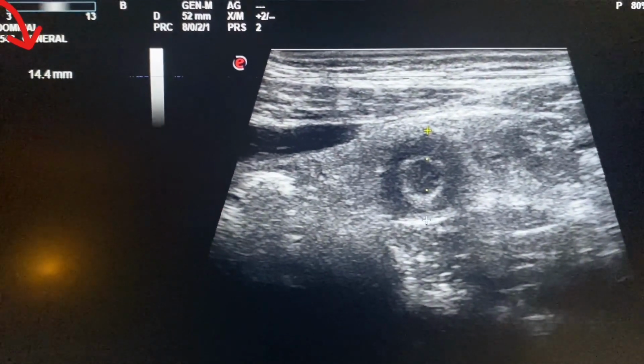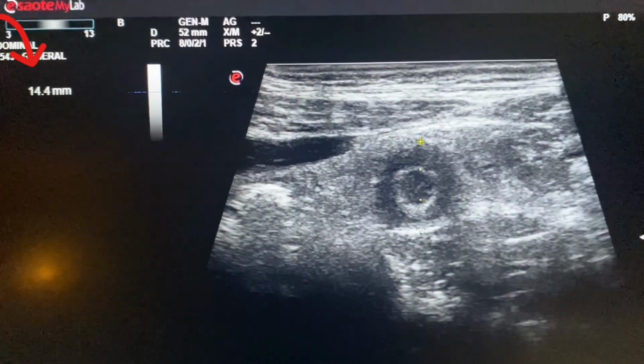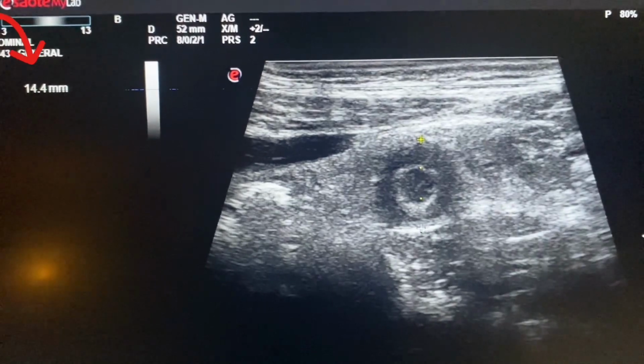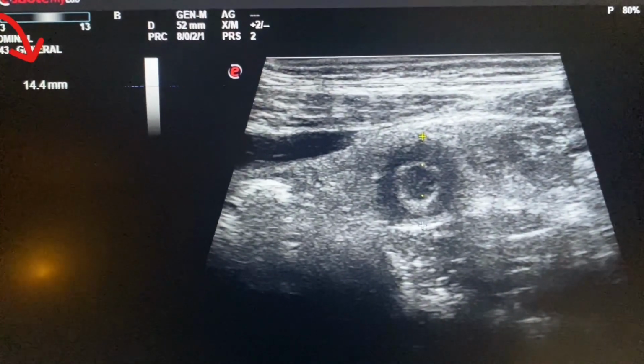The anteroposterior diameter of the appendix is 14.4 millimeters. The normal diameter of the appendix is less than 6 millimeters.